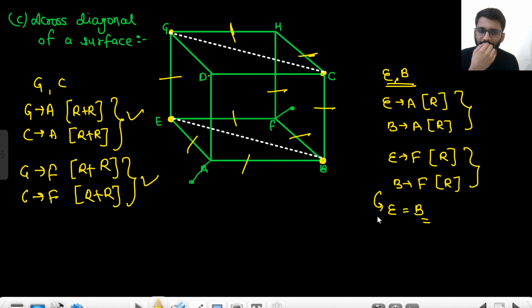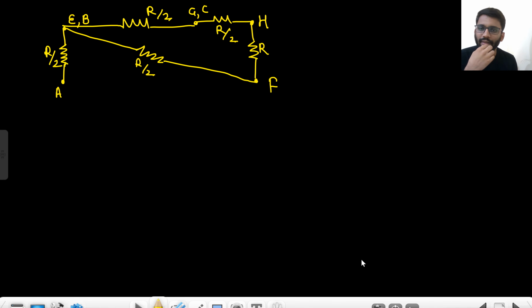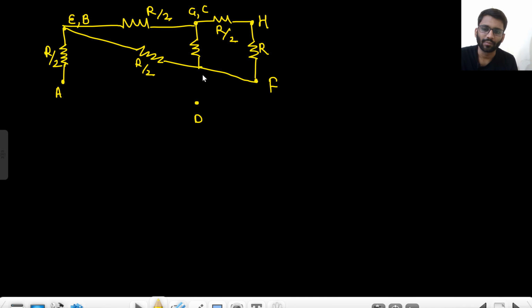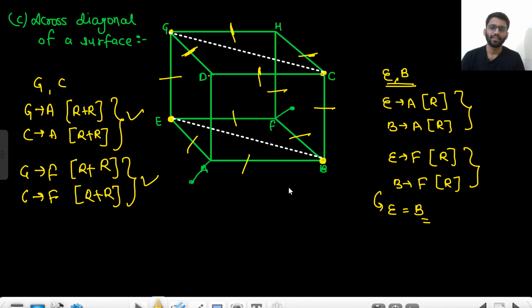Let's see what we have missed till now. Between D and C, did I make the point D? I didn't even make the point D. Okay, so I will have to consider it somewhere. Let's consider it here. Between D and C we have R, between D and G we have R. So R by 2 will be there from G and C to D.